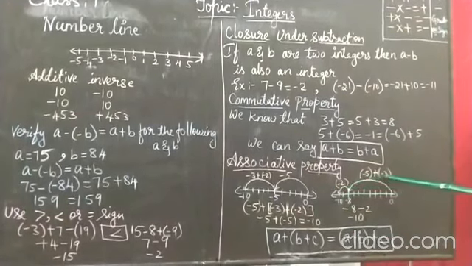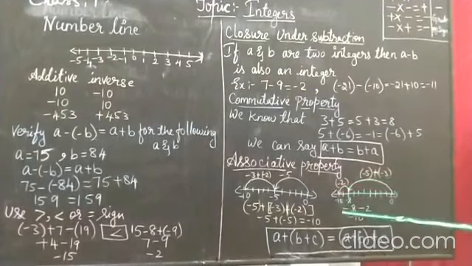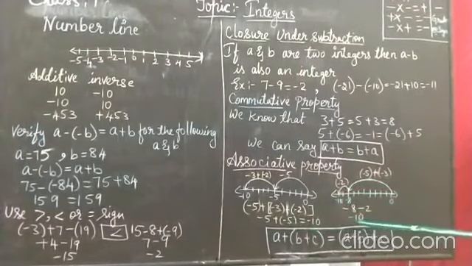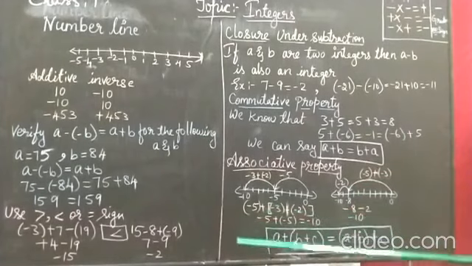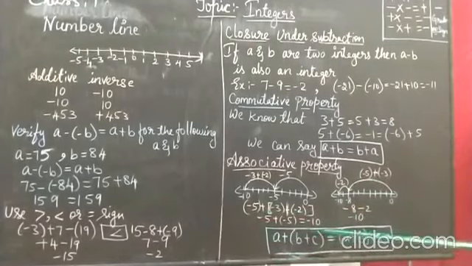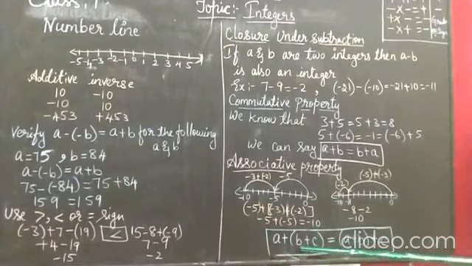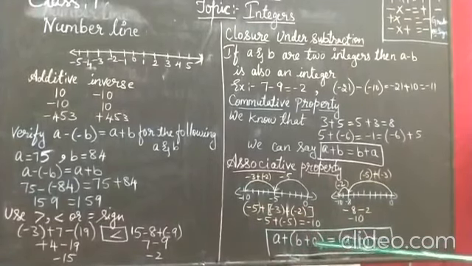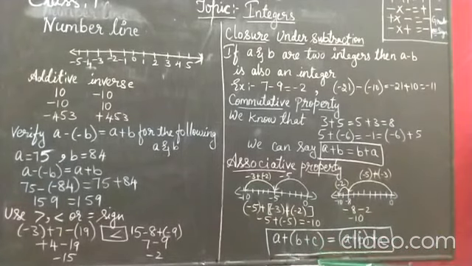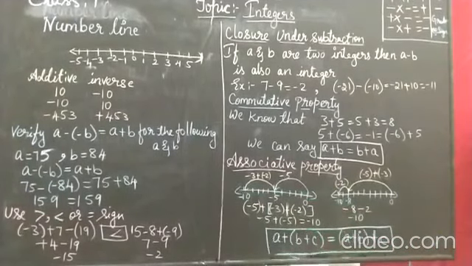I have interchanged only the numbers. Then what happens? The answers are exactly the same. You can see the answer. If we group the numbers differently also, the answers are the same. This kind of property is known as associative property, the associative property of integers.